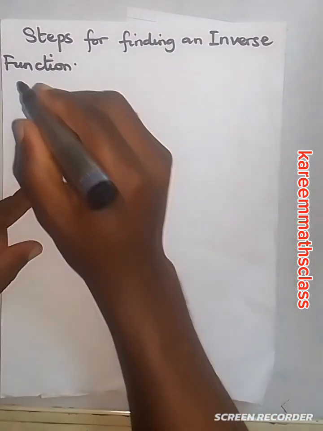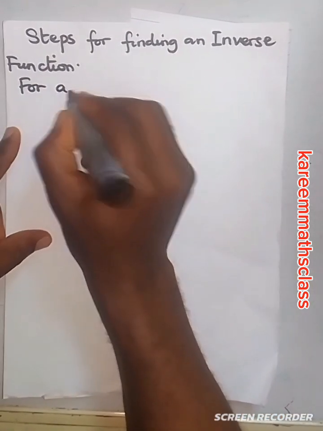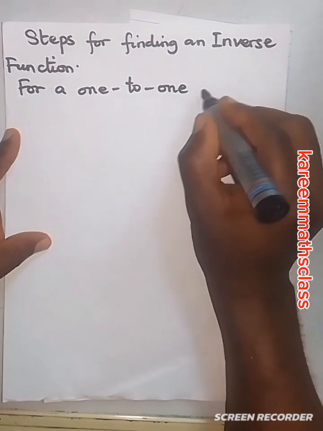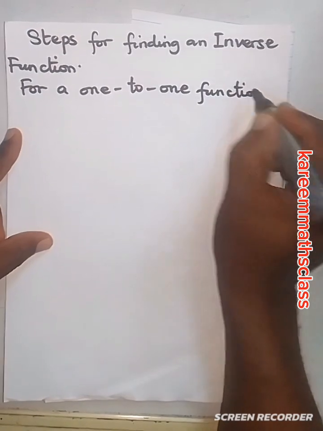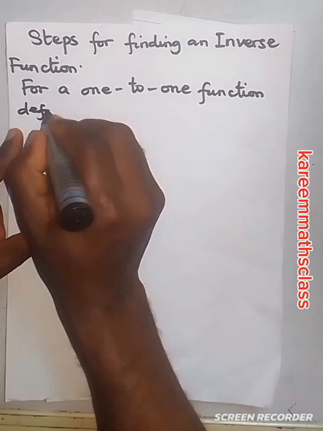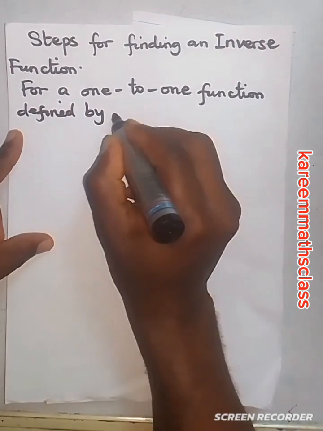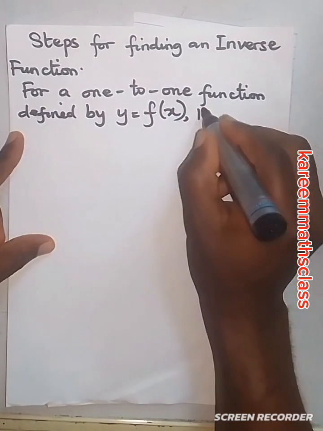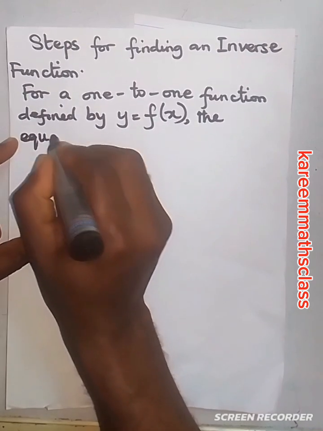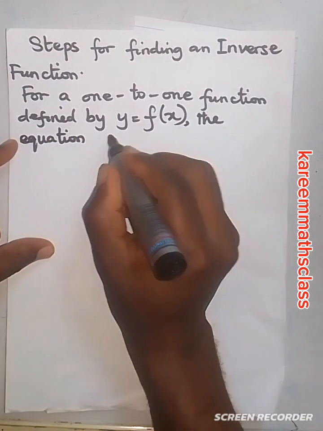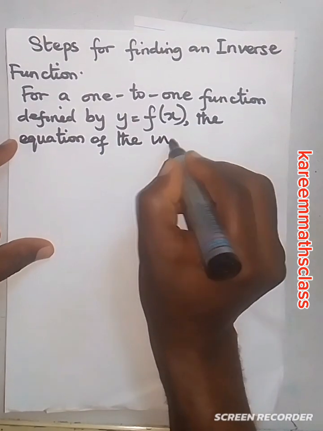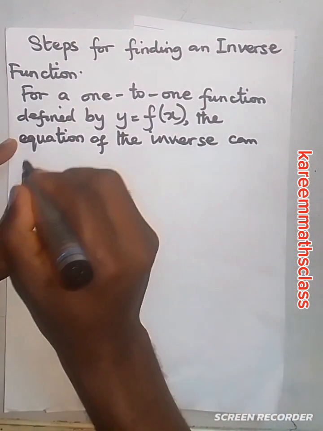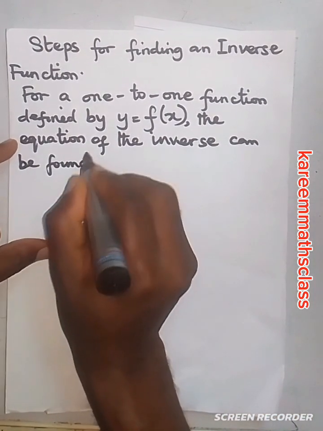Now for a one-to-one function defined by y, which will give us function f(x), the equation of the inverse can be found as follows.